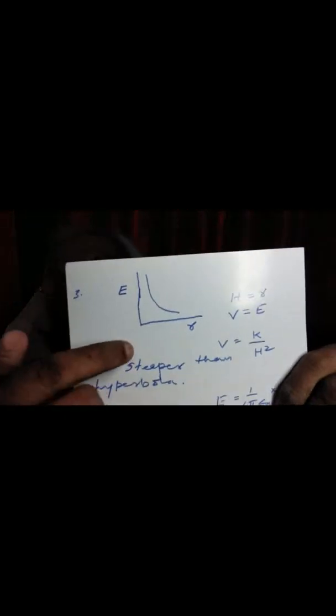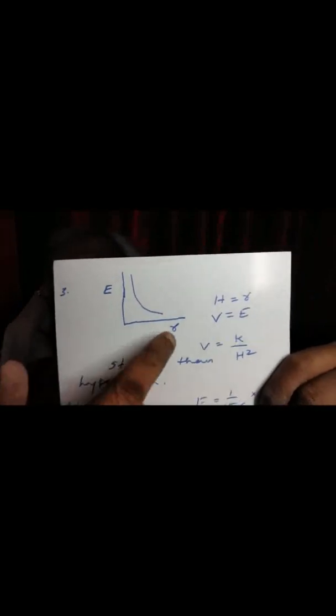Another point, let us draw a graph between E and R. Case is the same. E equals 1 by 4 pi epsilon 0 into Q by R square.